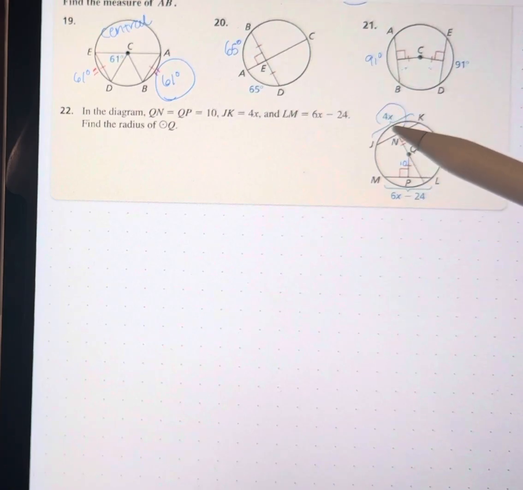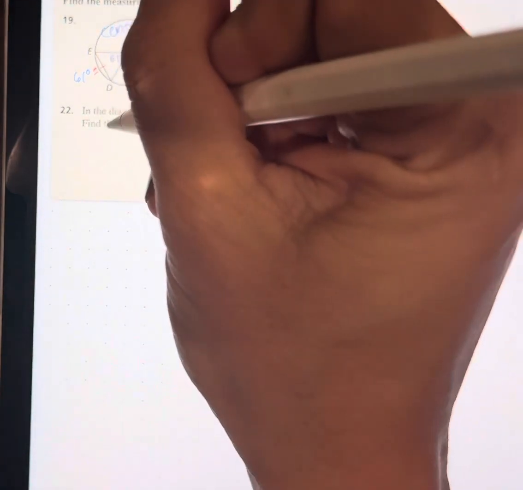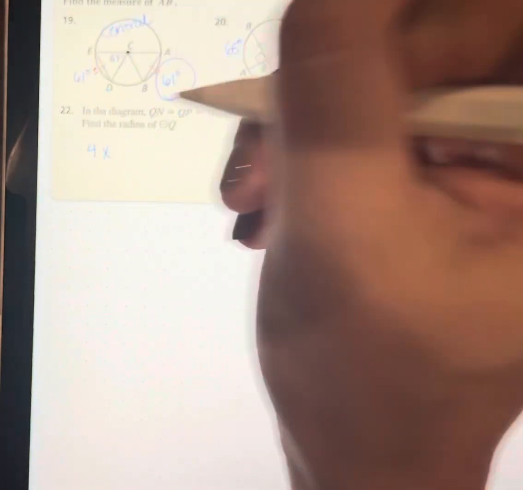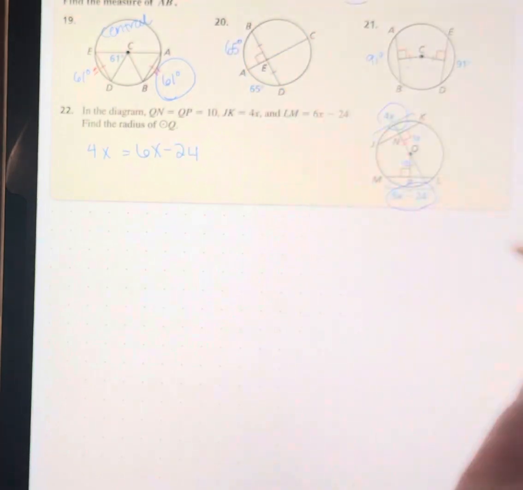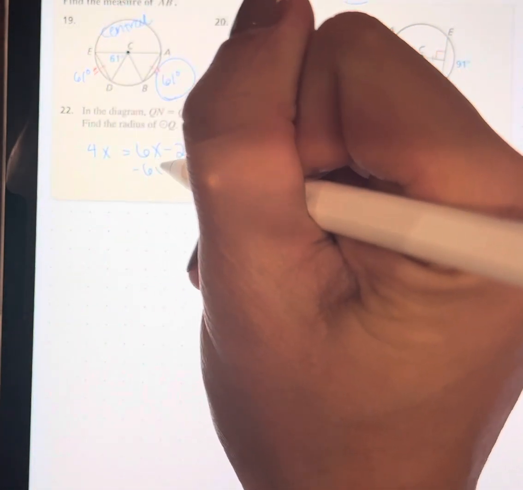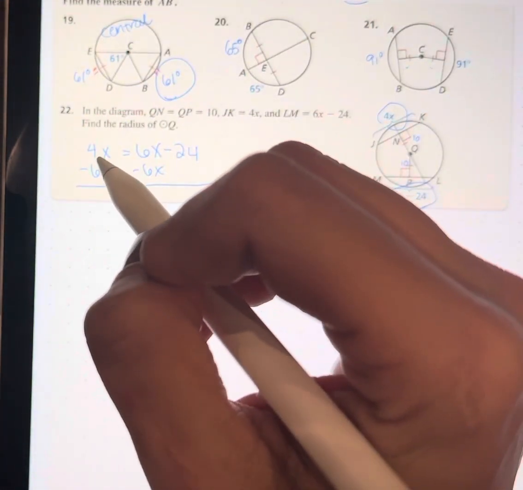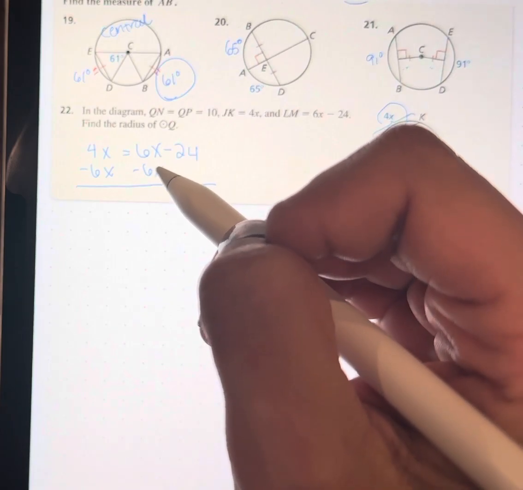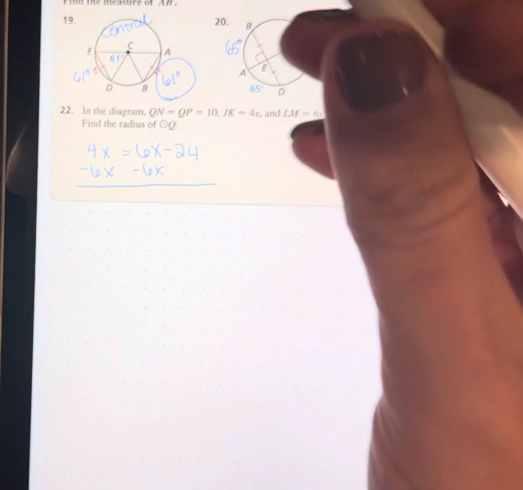So that 4x must equal that 6x minus 24. So let's start there and find x. 4x equals 6x minus 24. And then if I were to subtract the 6x from both sides, I know we usually like to subtract the smaller number over so we don't get a negative, but I also don't like to leave one side of my equation empty.